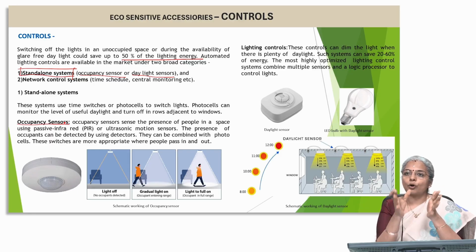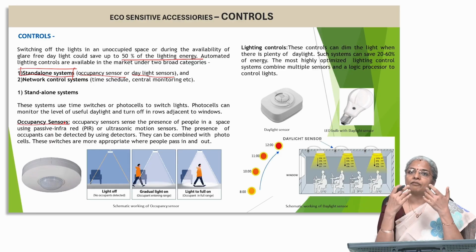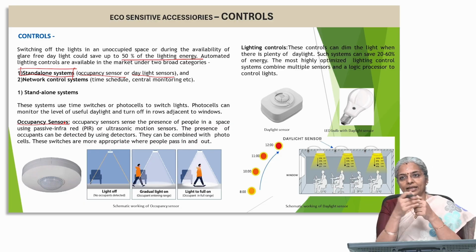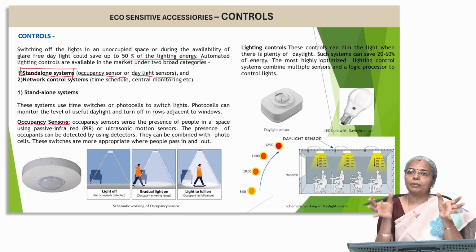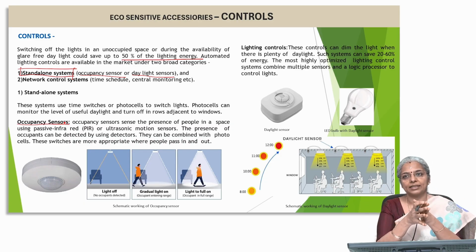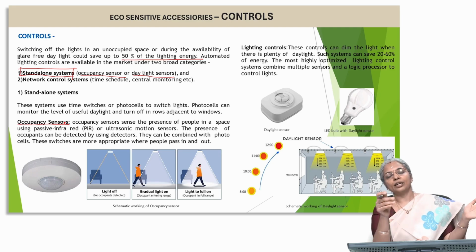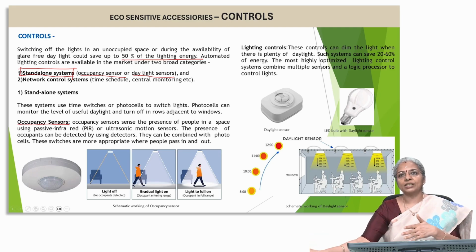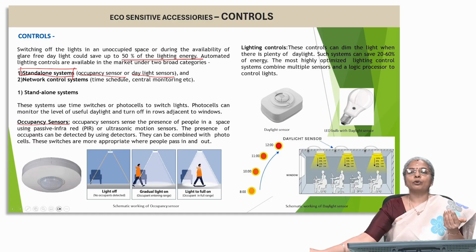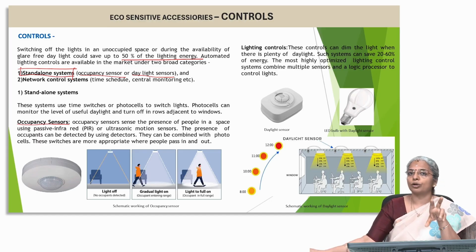The presence of occupants can be detected with the help of these detectors. They can be combined with photocells. These switches are more appropriate when people pass in and out of the room, and therefore you don't have to waste electricity during the time when people are not occupying the rooms.